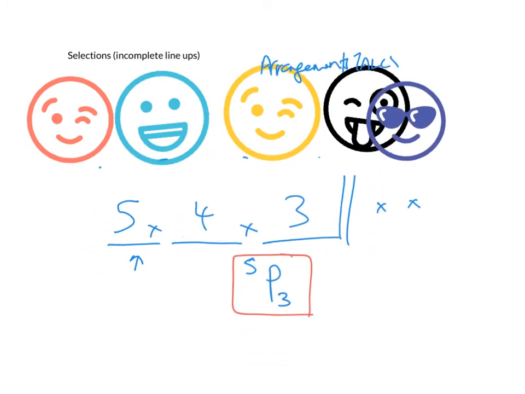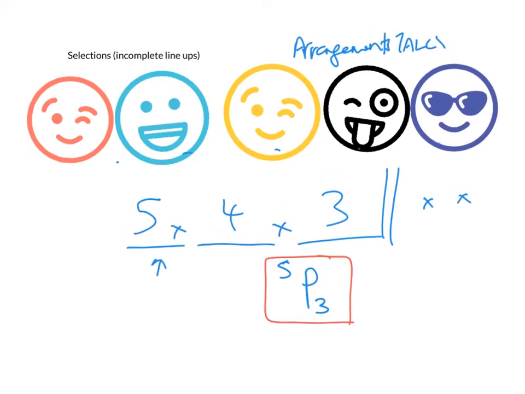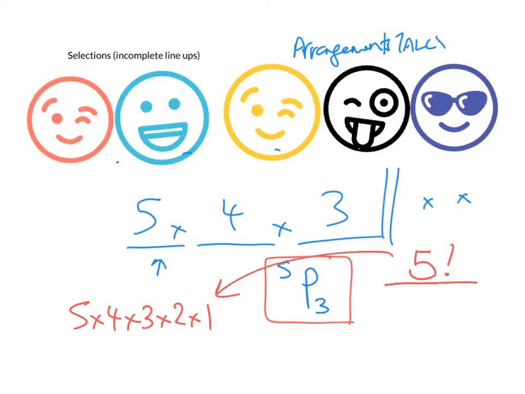Now the mathematics for this, we can write like this. We can actually write it as a division, and I'll show you why. In our 5 factorial, upstairs we write 5 factorial, and if I had 5 by 4 by 3 by 2 by 1, that's my 5 factorial, and I'm actually cutting out the last 2 places.